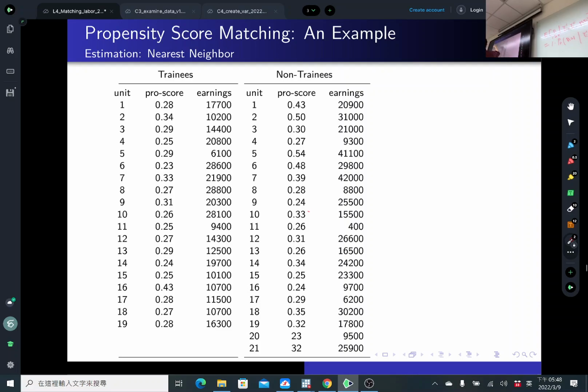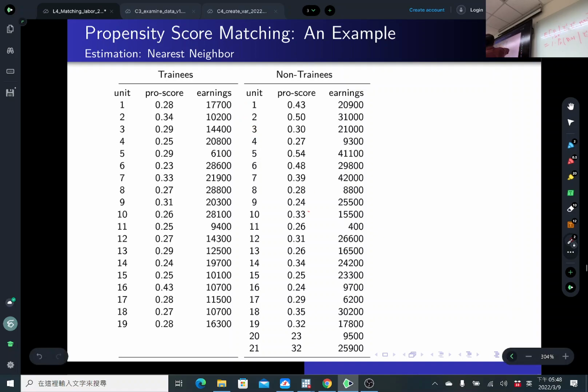You want to find someone similar to unit 1 in the treatment group, so you just need to find those with the same propensity score. For example, unit A in the control group is a good candidate to match individual 1.